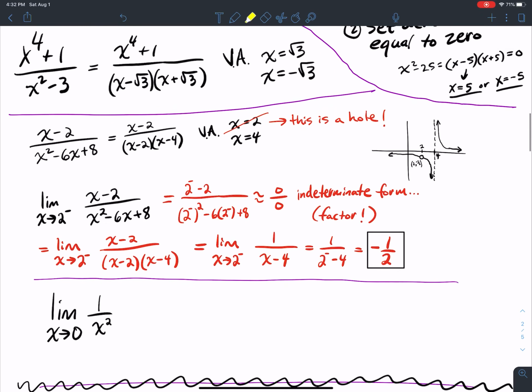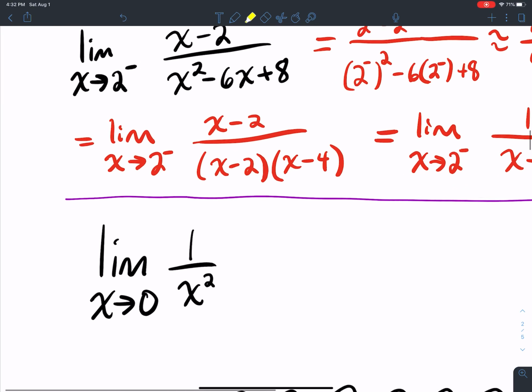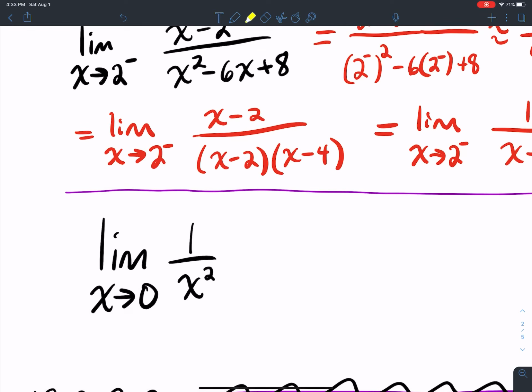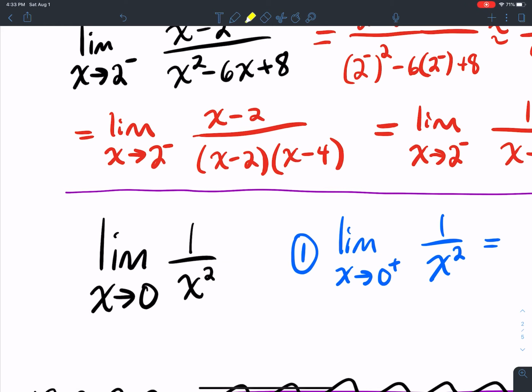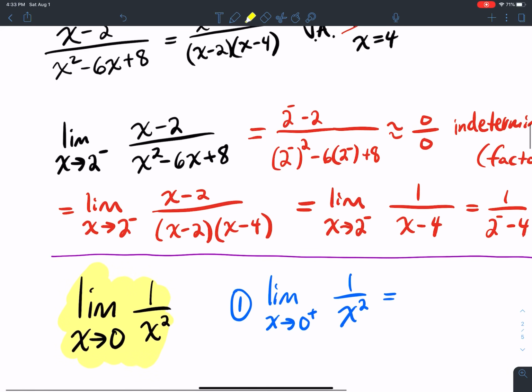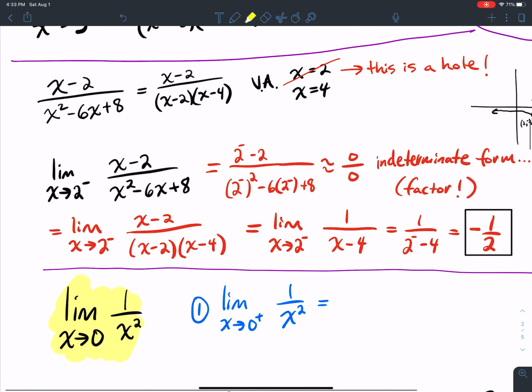What about the limit as x goes to 0 of 1 over x squared? If I see a limit, then I need to consider the left- and right-handed limits. I can't just do the limit. I need to do the left and the right.